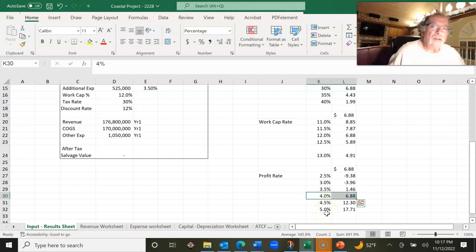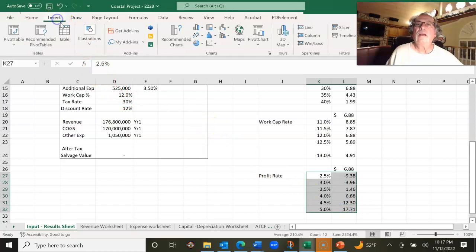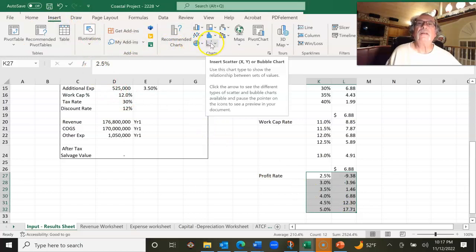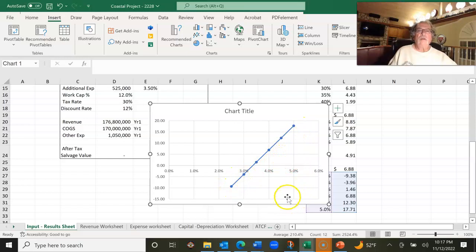And if you're sitting there making a presentation to senior management and saying, well, I'll have to rerun my numbers, that's not going to look real good. But if you were to have something like this as a backup slide and say this is what the present value looks like as a function of the profit rate, it's going to make you look much more prepared and much more impressive.